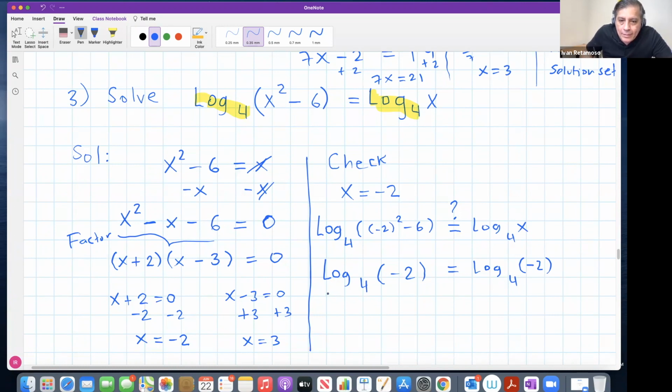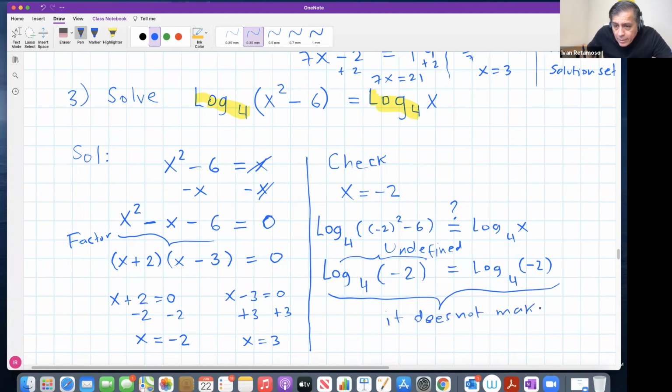So I'm going to write here, does not make sense because this is undefined. Because of that, you are supposed to ignore the solution. When you see that it doesn't check, it's not a solution.